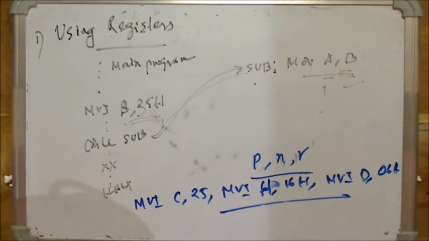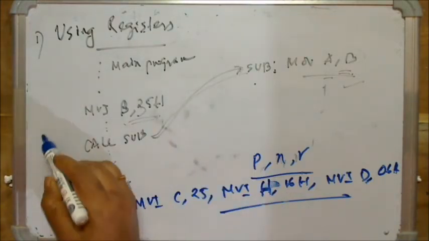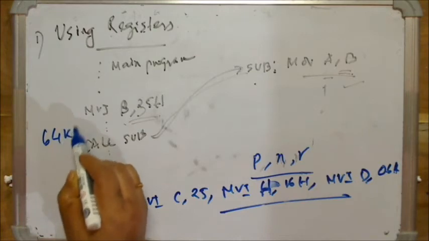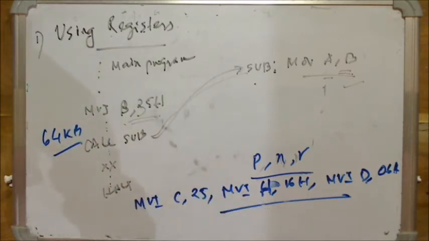So this disadvantage can be overcome by using memory. You have 64 KB of memory, and you can pass the parameters you want.